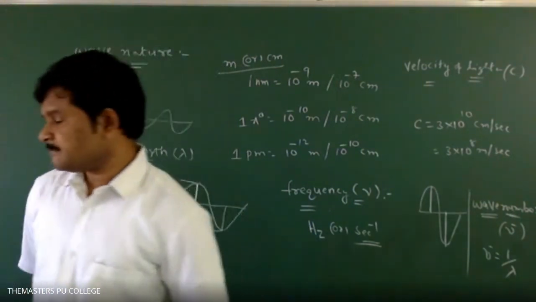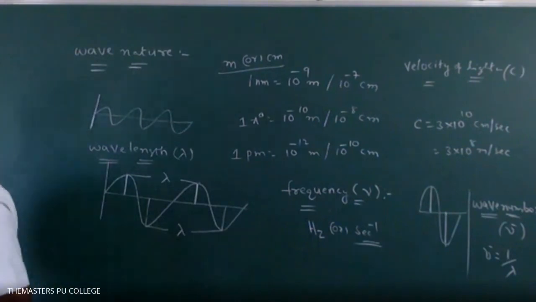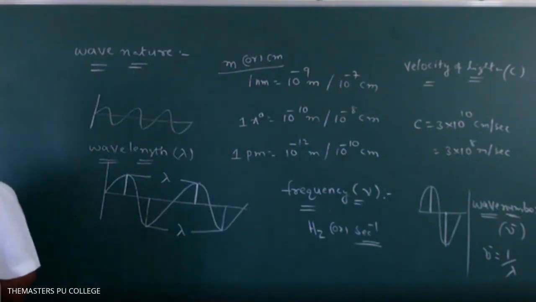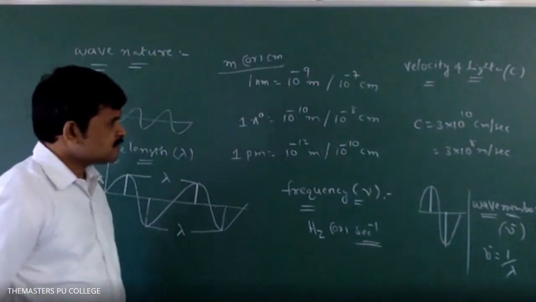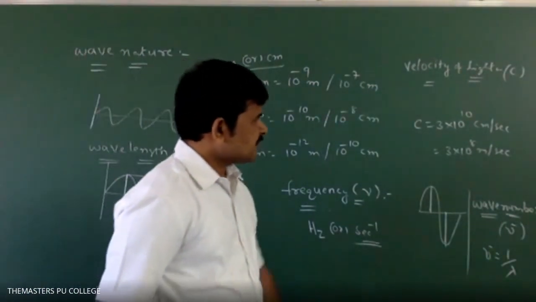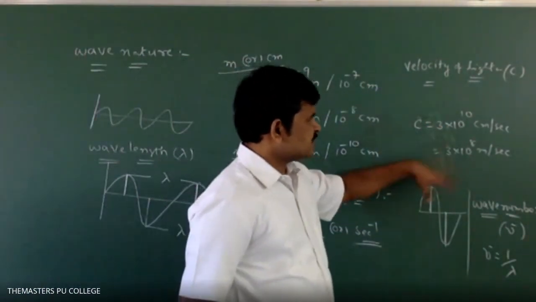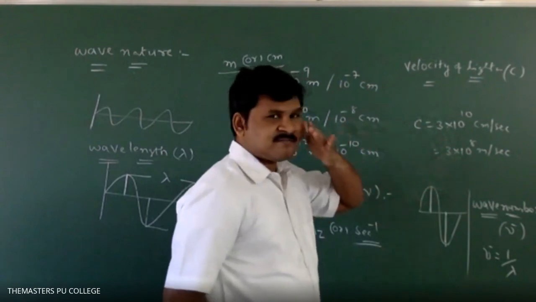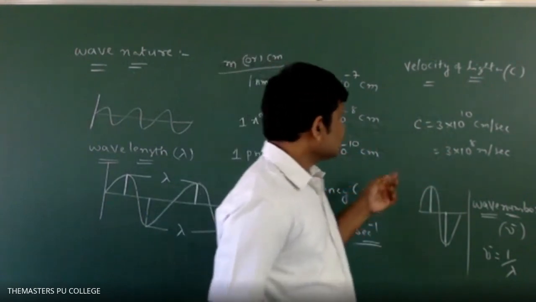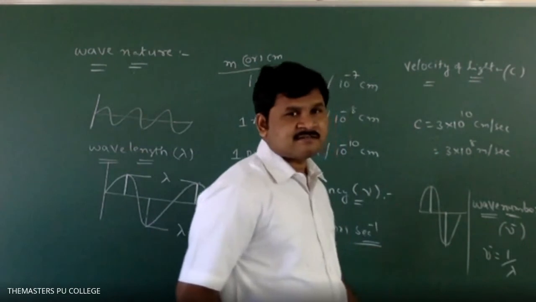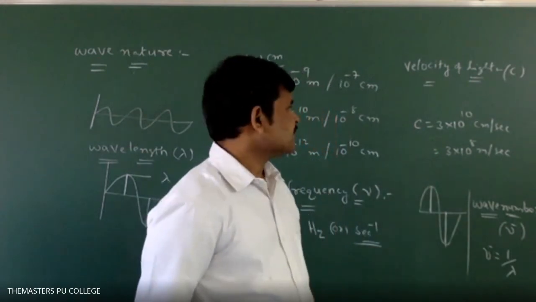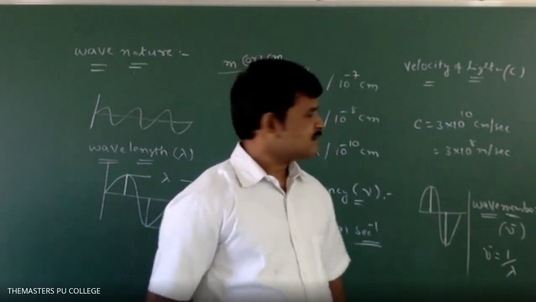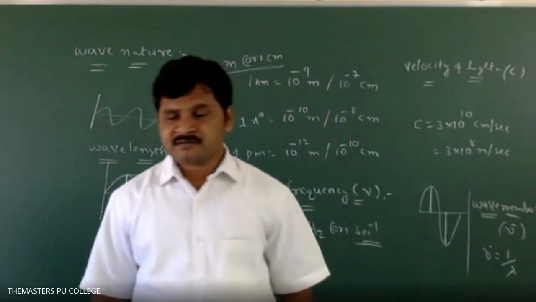Symbol C. Write these units. So units are either meter per second or centimeter per second. So the value is 3 into 10 power 10 centimeter per second or 3 into 10 power 8 meter per second.